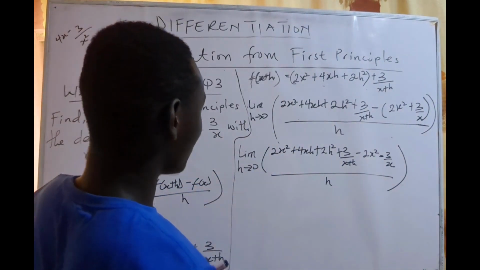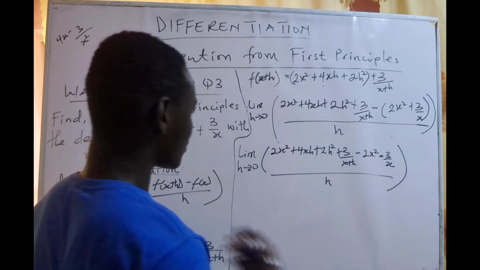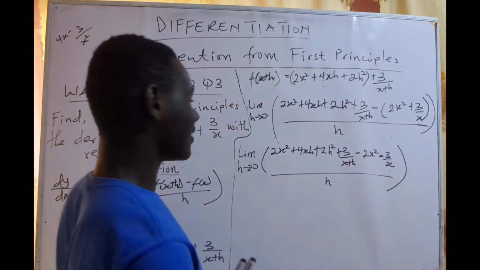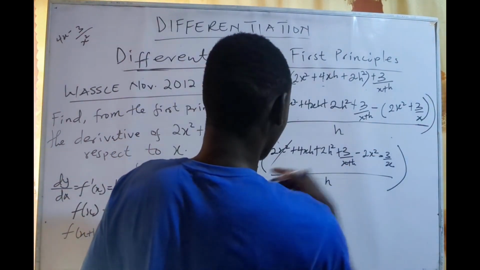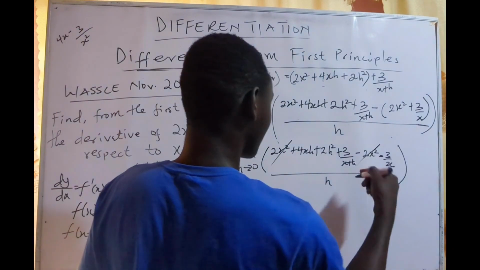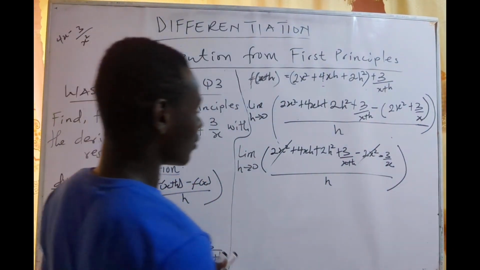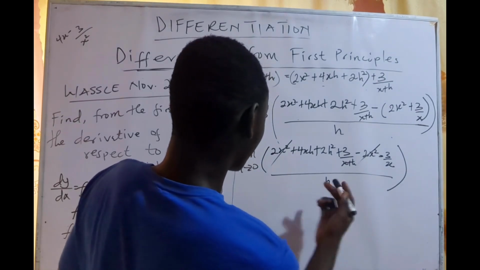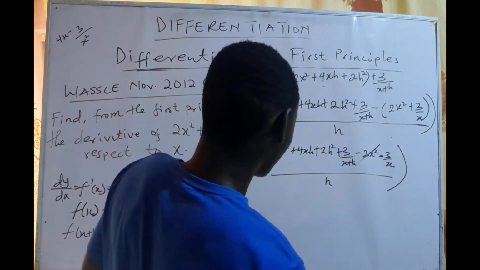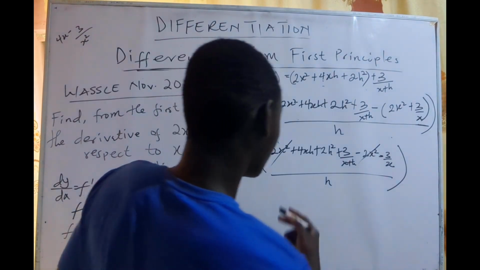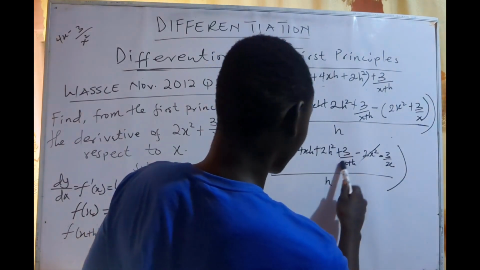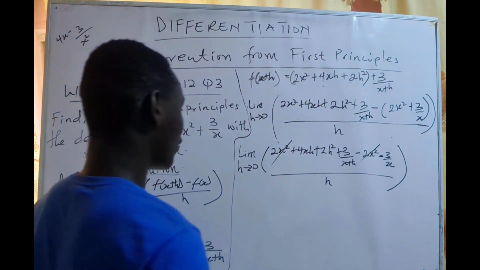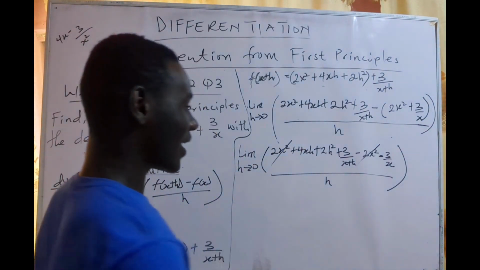So here we just need to subtract and add like terms. 2x squared minus 2x squared is going to give us 0, so we cancel both out. And then 4xh, 2h squared, we can't subtract or add any like terms.